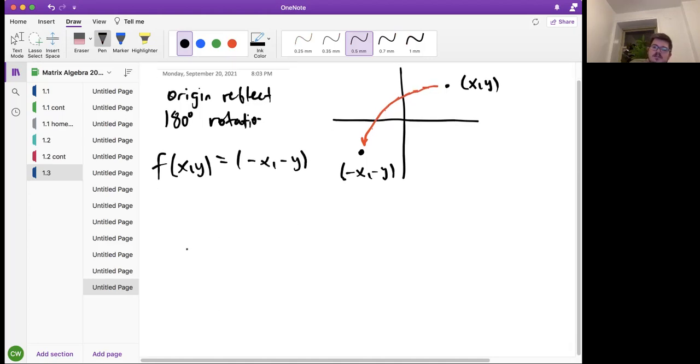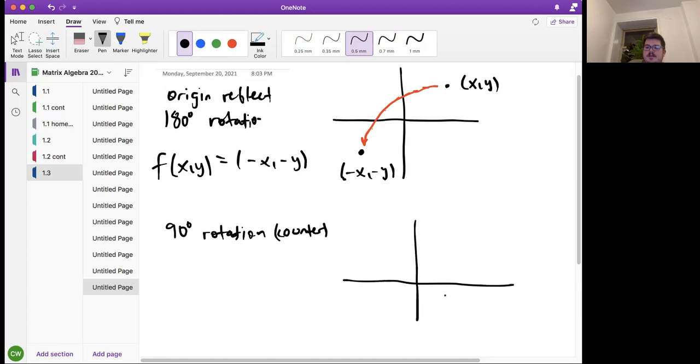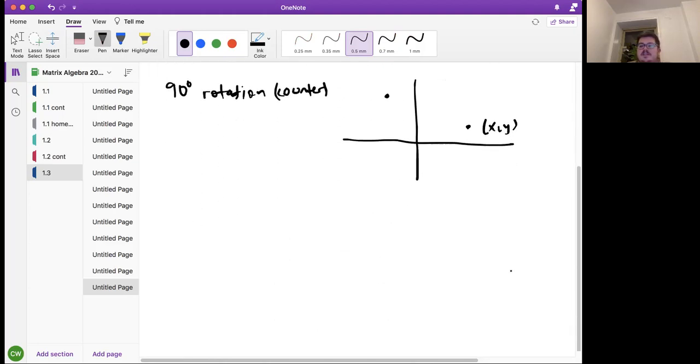And one that maybe some of you know. How about 90-degree rotation? Let's do counterclockwise. And if you don't know, let's do an example.